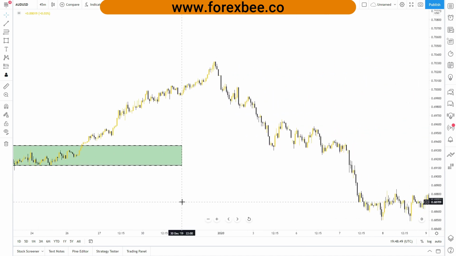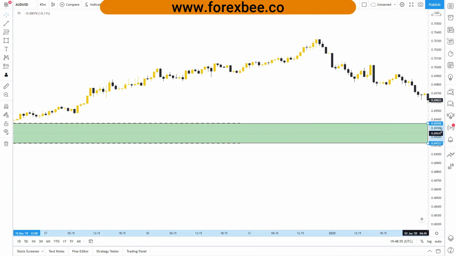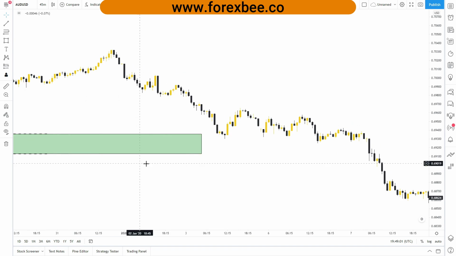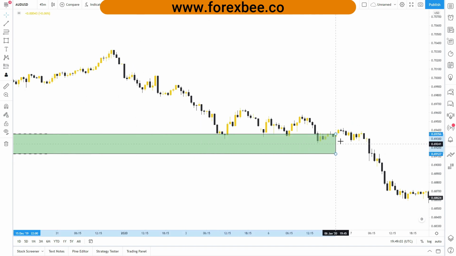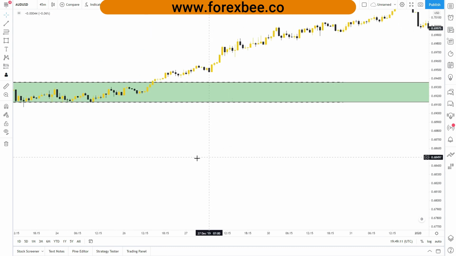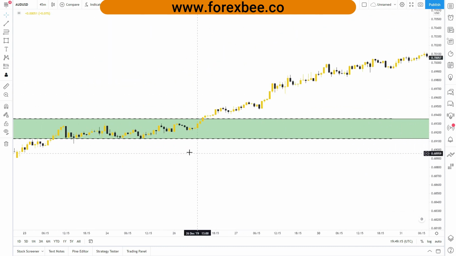So if we go here and look in here, you can see this zone really did prove to be a good support level, because you can see the price touching this level and then bouncing up, and again touching this level, then bouncing up. So even after our resistance zone was crossed, it started to act as a support zone for our next analysis.